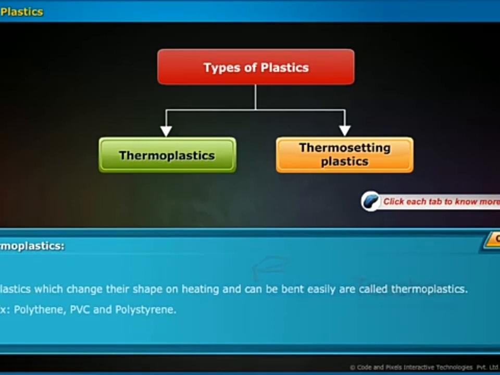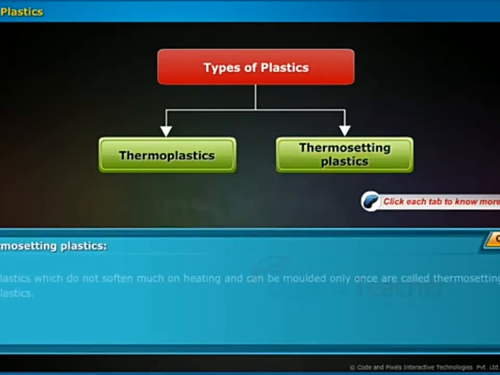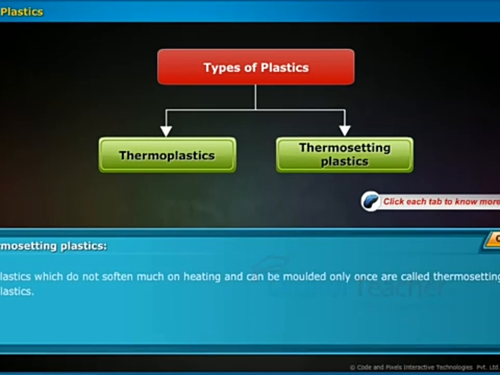Polythene, PVC, and polystyrene are common examples of thermoplastics. Plastics which do not soften much on heating and can be molded only once are called thermosetting plastics. Bakelite and melamine are common examples of thermosetting plastics.